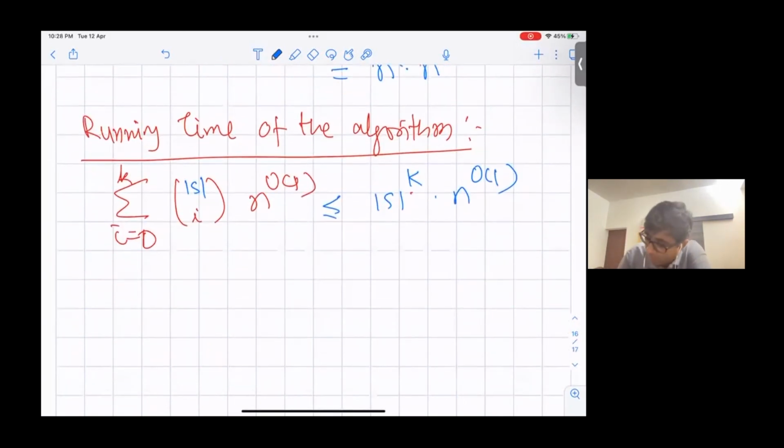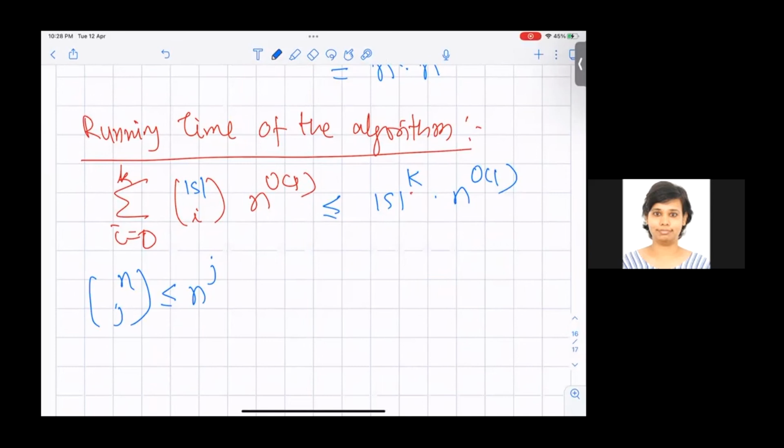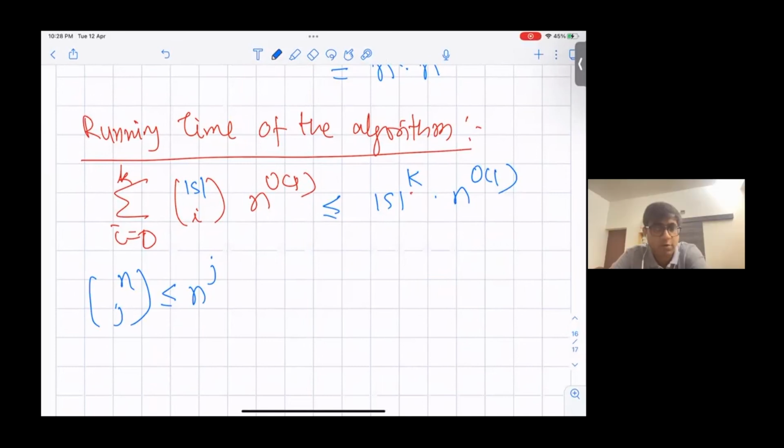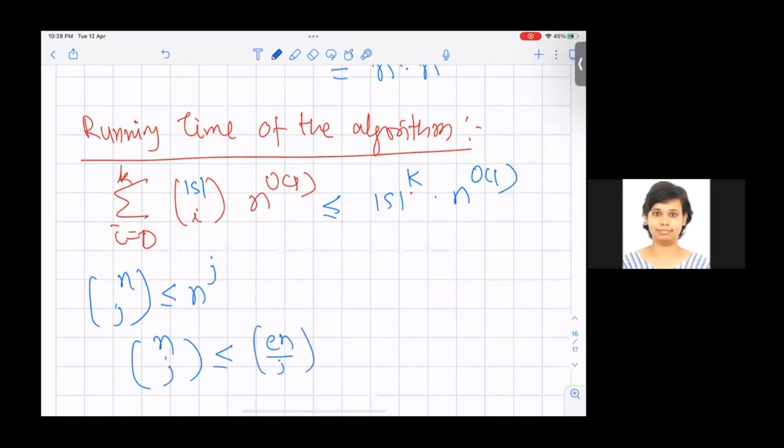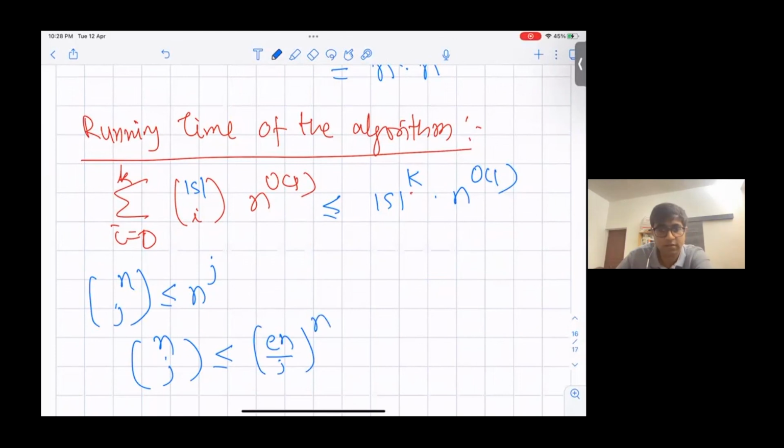Do you realize that n choose j is always upper bounded by n power j? Yes, by binomial. I don't know about binomial or something, but this is always true, right? Because n choose j is upper bounded by (en/j) to the power j, right?